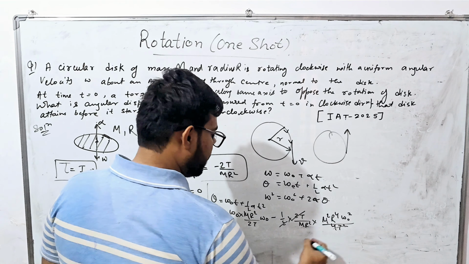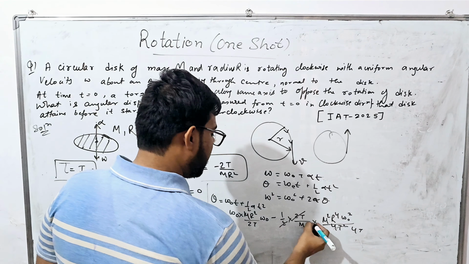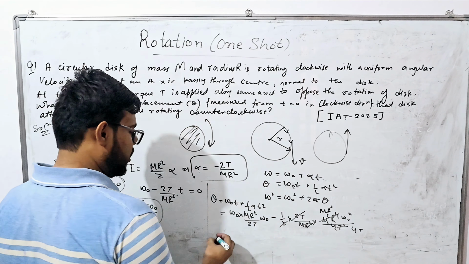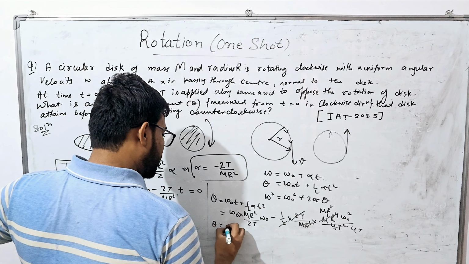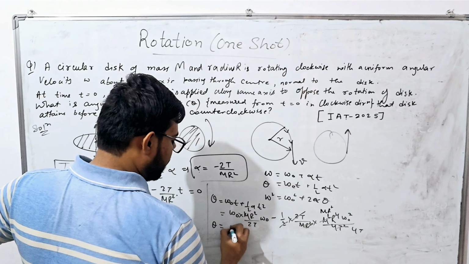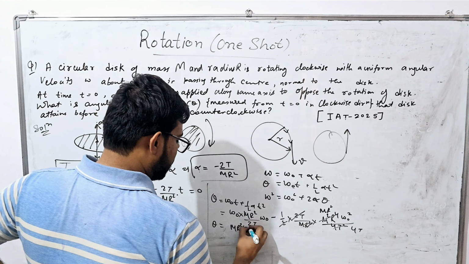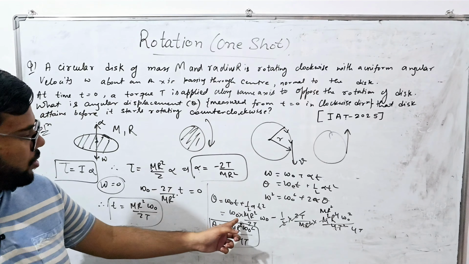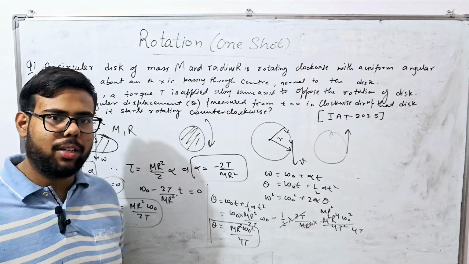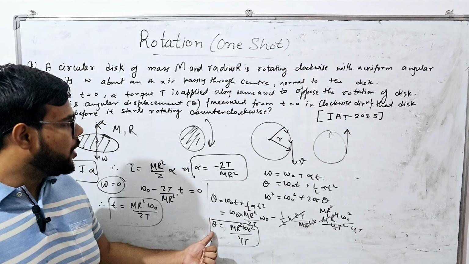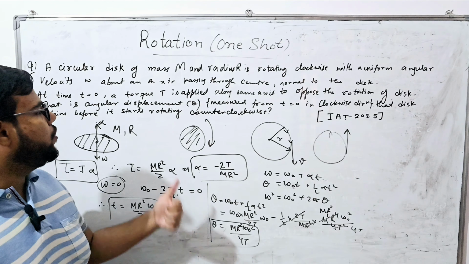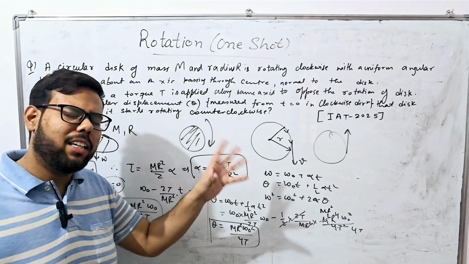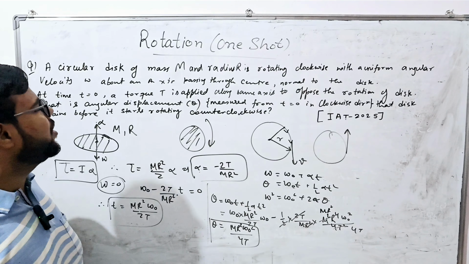It will become m r square omega naught square by 4 tau, and that's the answer. When you solve it, you will see that you get this. This is the angular displacement the body makes before it comes to rest or starts rotating counterclockwise, right?